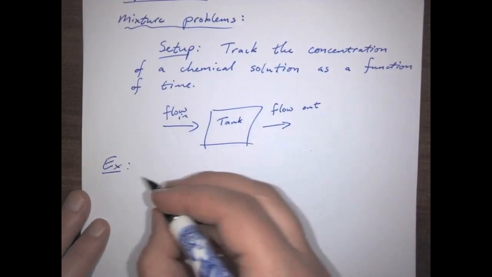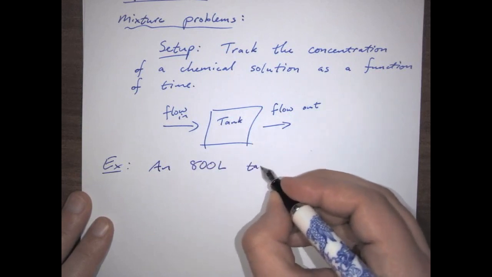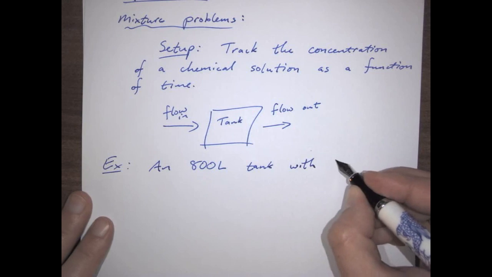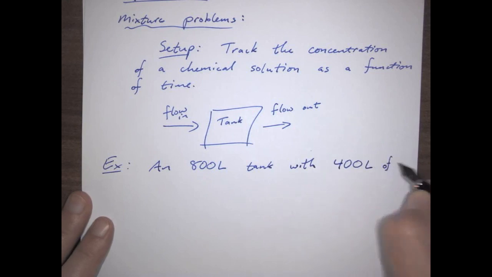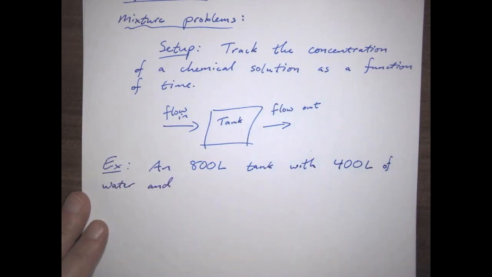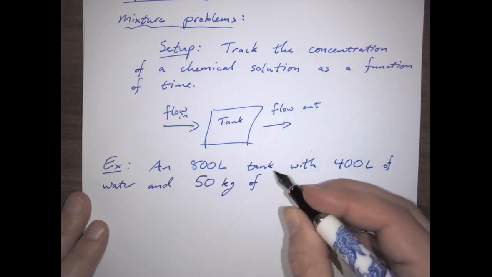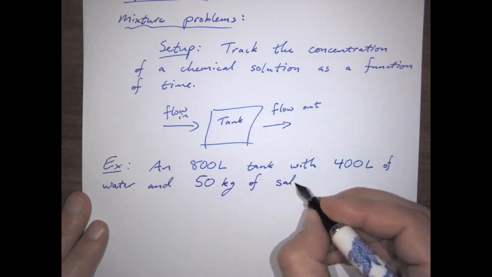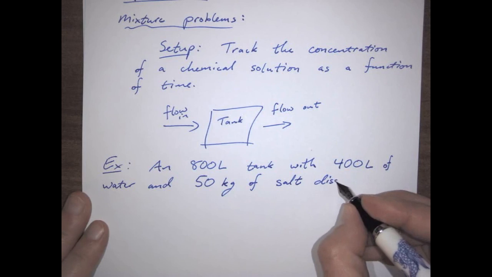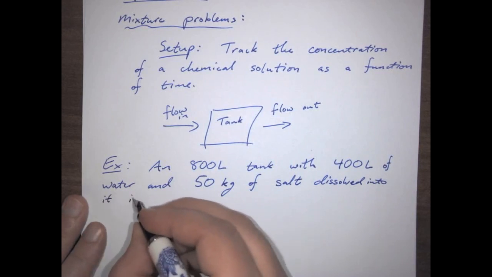So as an example, an 800-liter tank with 400 liters of water and 50 kilograms of salt, and let's say that this is dissolved into it initially.